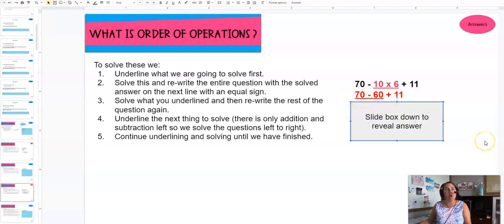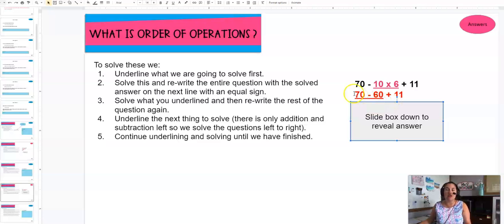Now I'm looking for what do I solve next? Well, I only have addition and subtraction left, so I know I'm going to solve the addition and subtraction in the order that they appear. So I'm going to solve 70 minus 60 and plus 11. If you didn't get this far with your question, follow along and rewrite your question so that you understand how to do it.